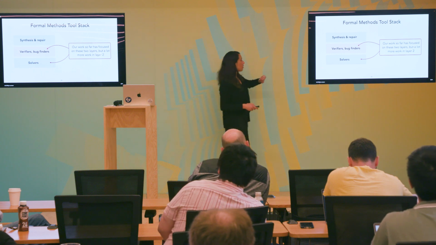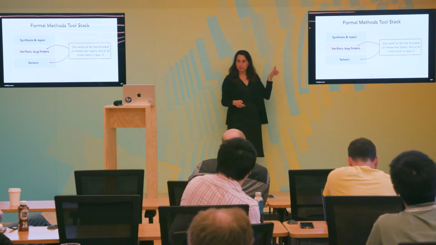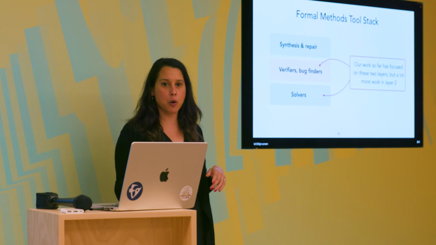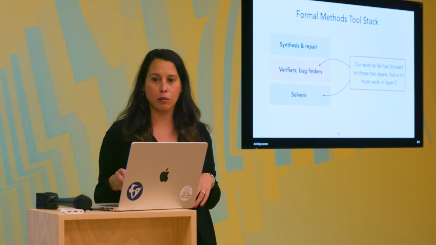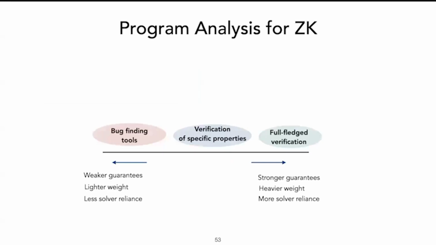And I told you about some of the work that we did on solvers and verification, but we also have some additional work in the second layer that I also wanted to tell you a little bit about. So generally speaking, if I think of program analysis or verification techniques, like everything, there's always a trade-off, right? Everything comes in a big spectrum. On one end of the spectrum, you have full-fledged verification techniques that come with very strong guarantees.